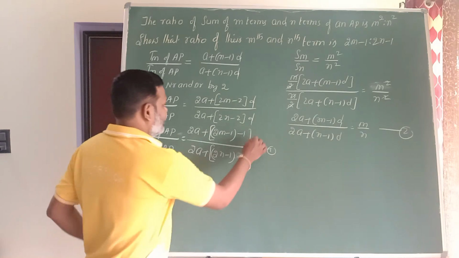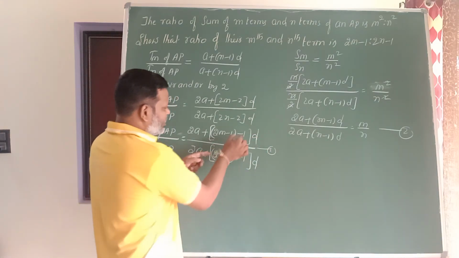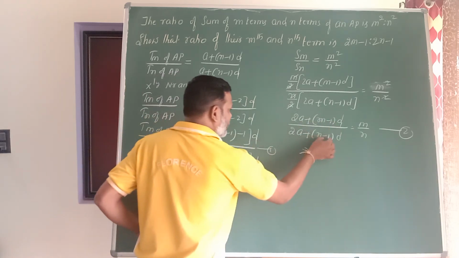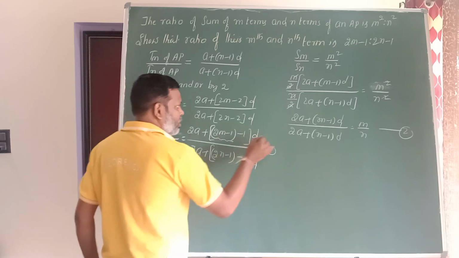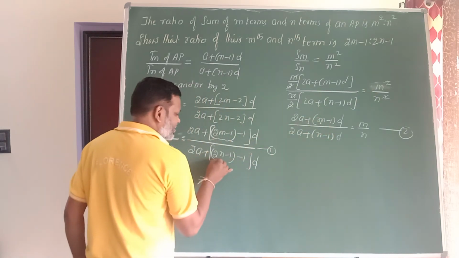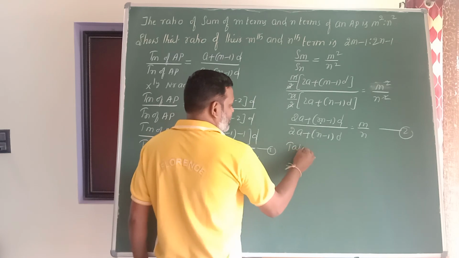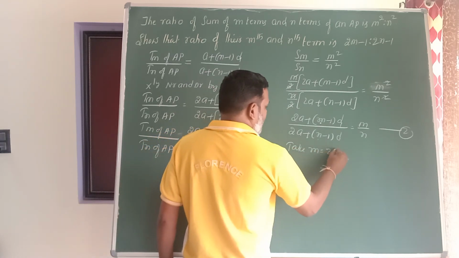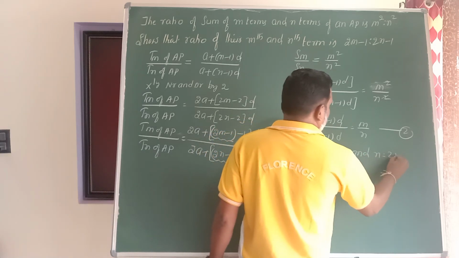Okay, here we are left with something here, d. In place of d, common there. Minus 1, minus 1, minus 1, minus 1. But in place of 2m minus 1, we have m. In place of 2n minus 1, we have n. Take m is equal to 2m minus 1 and n is equal to 2n minus 1.